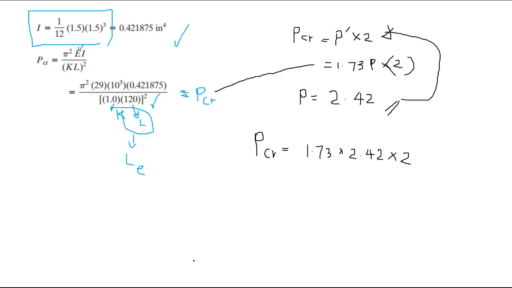That will give you a value around 1.73 times 2.42 times 2, which is 8.37. So that's the critical buckling load, right?